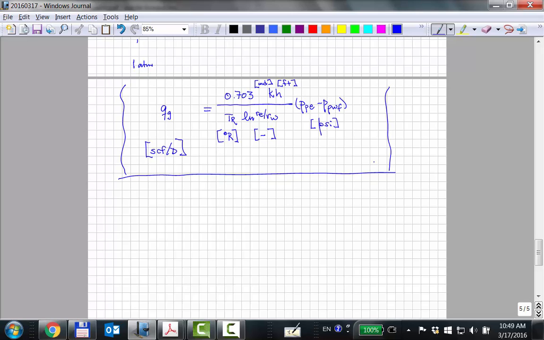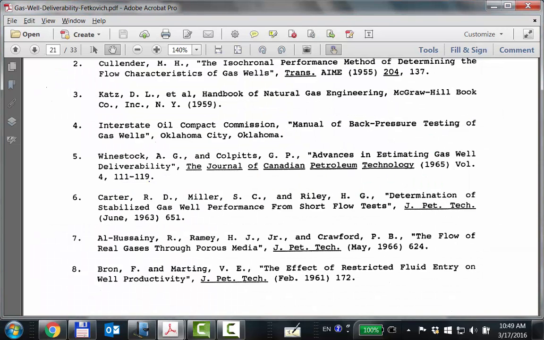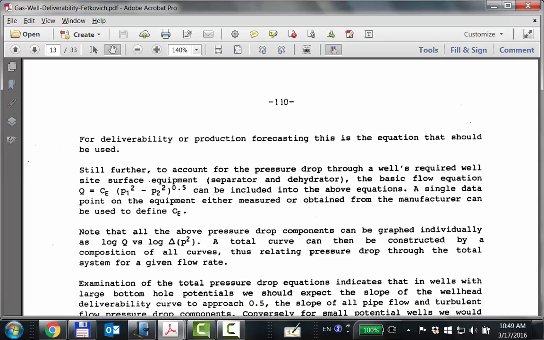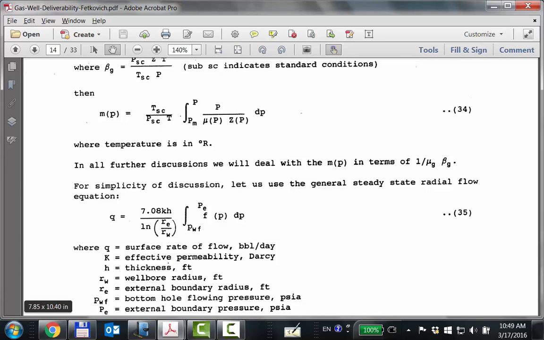Like I told you, I think Fetkovich in his paper uses MSCF per day instead. And let me see if I can find his equation. Okay.